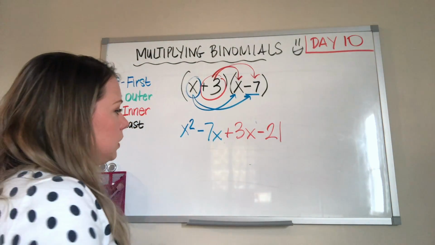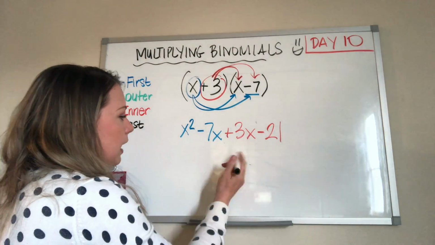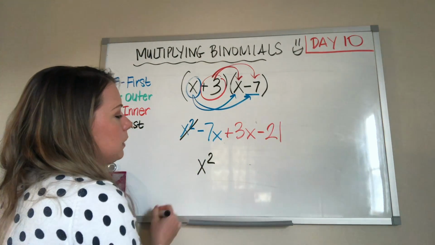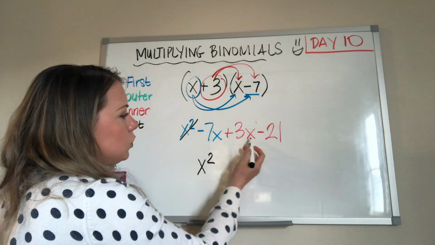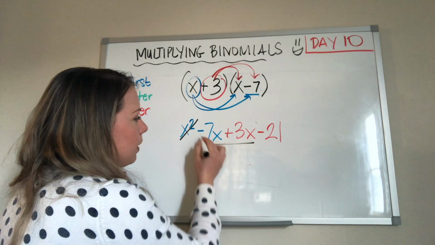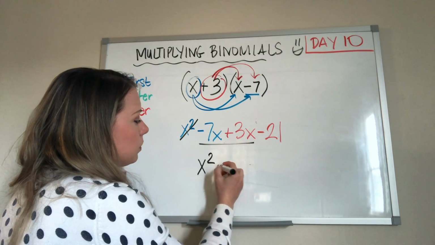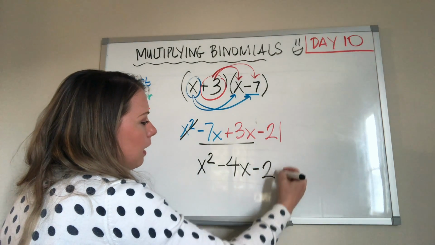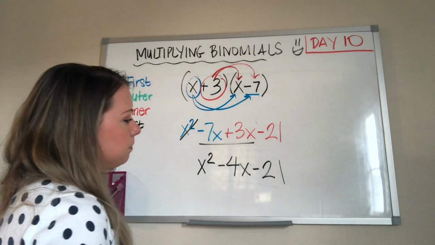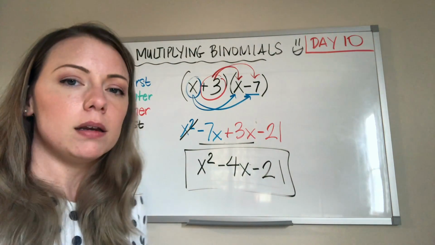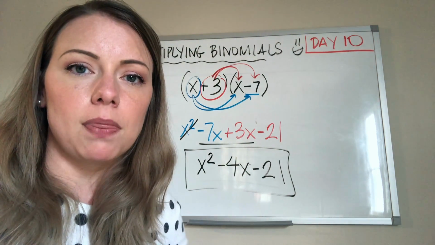Just as you did last time, there's only one x squared, so it's already simplified. I have 2 x's, which means I can combine like terms. So I have negative 7, positive 3, which means I actually have negative 4x. And then I have my negative 21. Same exact answer as what you just got, but I used a different method.